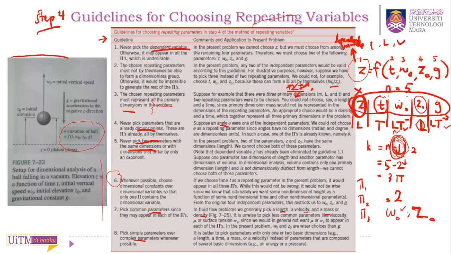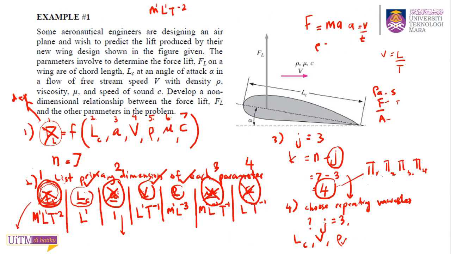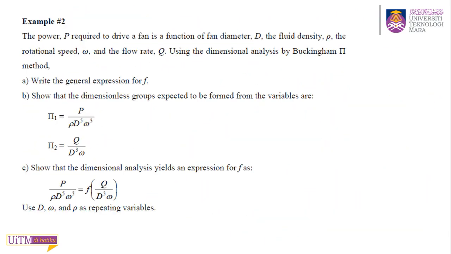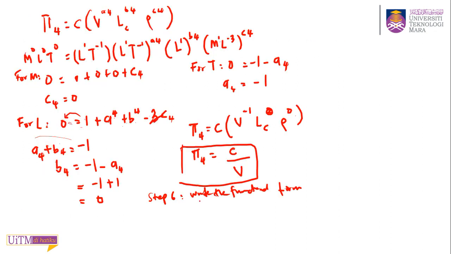So now we need to do this for our problem. We write pi 1 equal to f of pi 2, pi 3, pi 4.